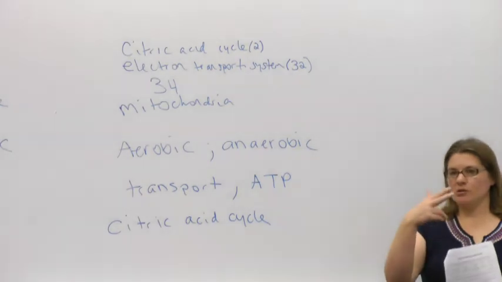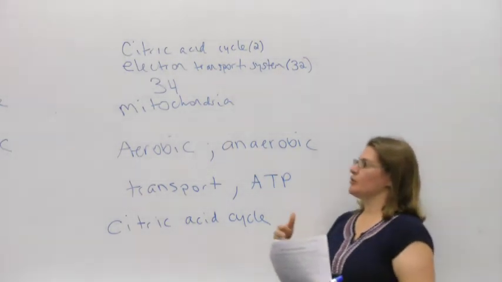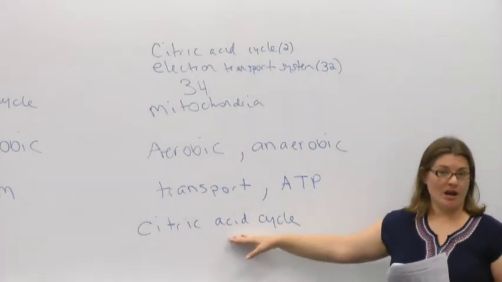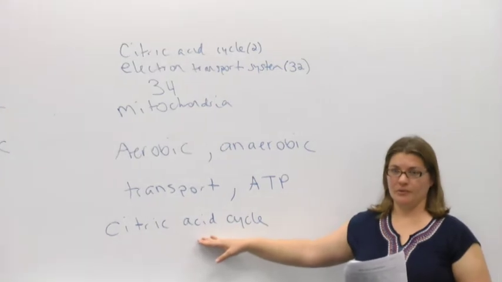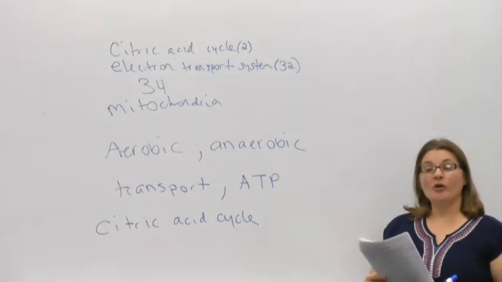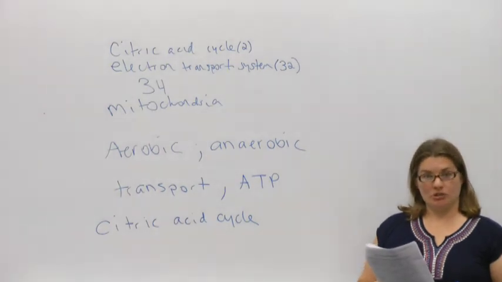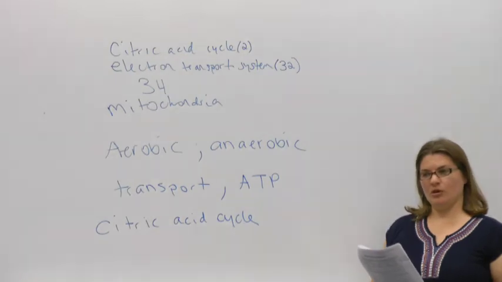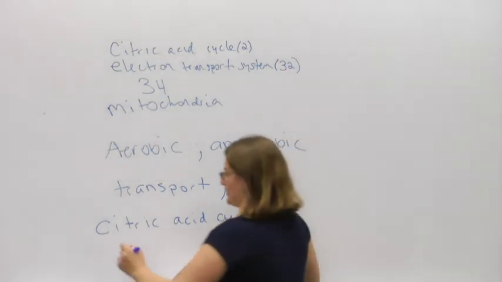We lost 2 of those carbon dioxides during the transition reaction, but it's during the citric acid cycle that the rest of the 4 carbon dioxides get released. Okay. So definitely citric acid cycle there. And the water is released during what stage? When is water formed and released? The electron transport system.